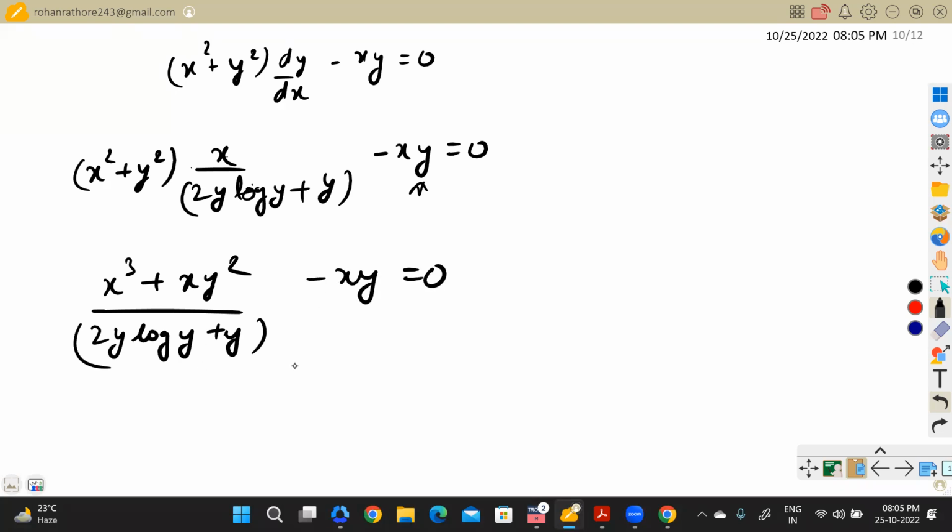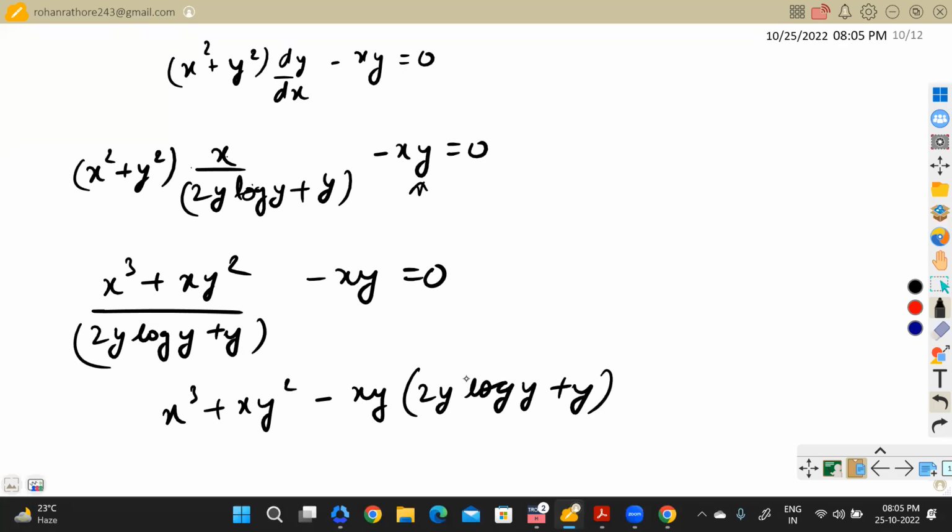Now we can take the LCM also. So we will get x cube plus xy square minus xy times 2y log y plus y, and the term in the LCM goes to 0. And we can see there is a term of log y which is never going to be cancelled out by any other term, because we don't have any other log y.